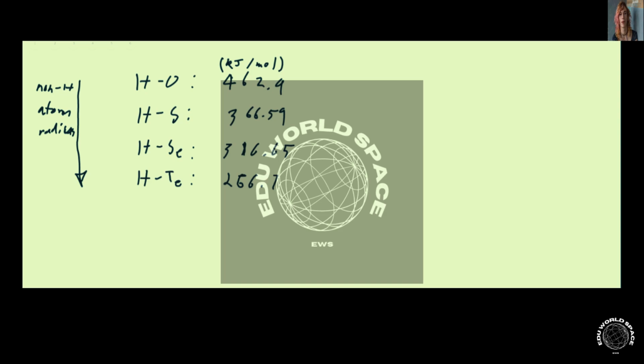As we increase the radius of this second atom to which the hydrogen is bonded, we can see that the enthalpy required to break that bond also decreases, which makes sense because shorter bonds are in general tighter bonds. So we see weaker bonds with increasing atomic radius of the second atom.